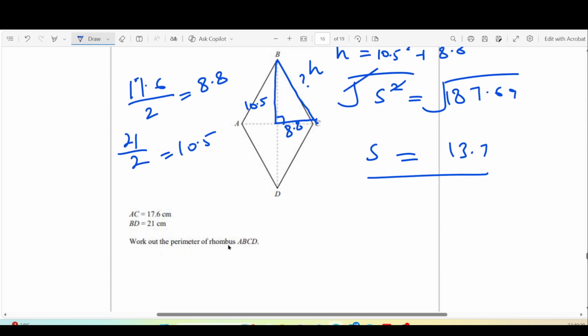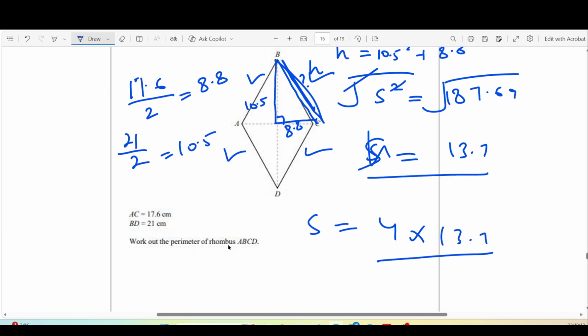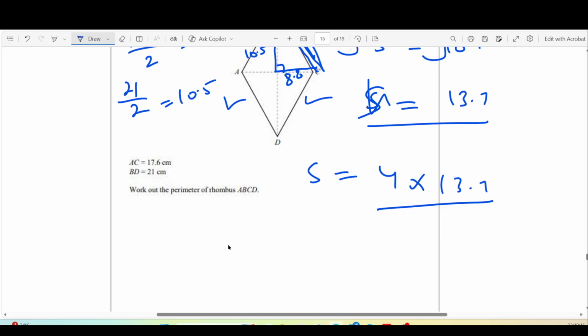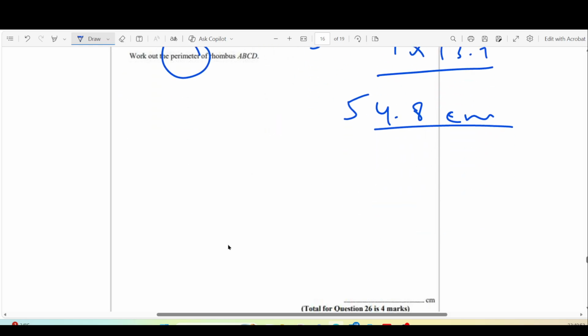Now because this is just one side, right? There are four sides, 1, 2, 3, 4. So just multiply 13.7 by 4 to get the whole perimeter. Perimeter is the boundary, right? So the answer is 54.8, unit is centimeter.